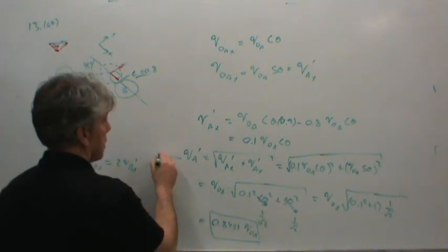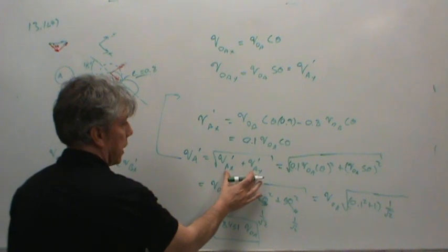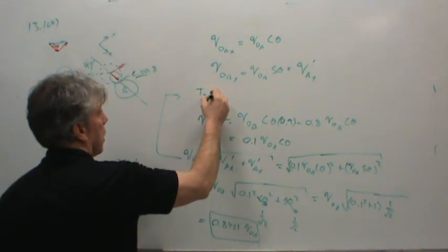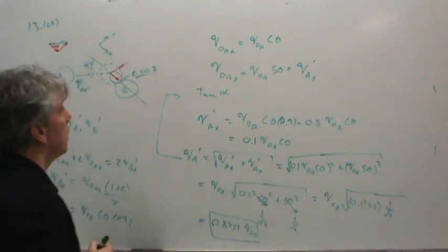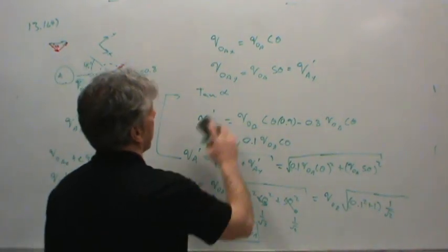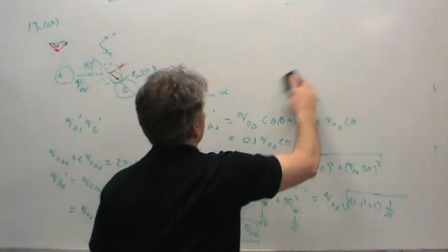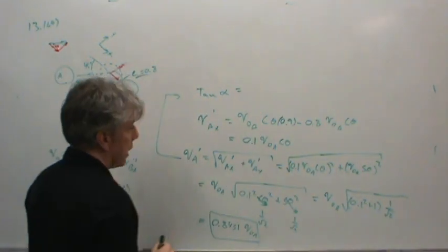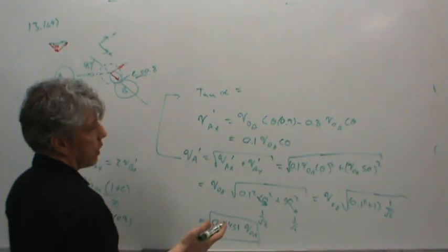So looking at this equation, we can pick off VAX prime, VAY prime, and say that the tangent of the angle, let's call it alpha, which will be the angle of the cue ball after impact, would be equal to y over x, isn't it?